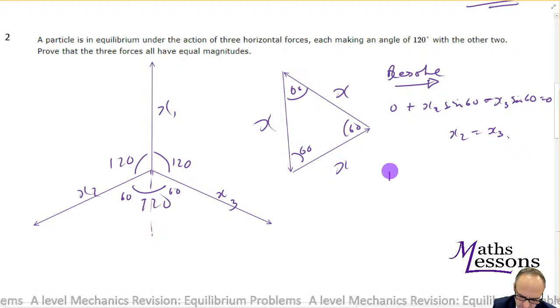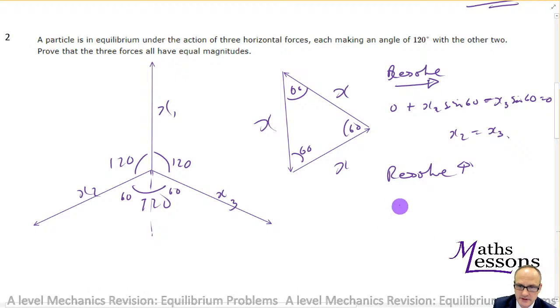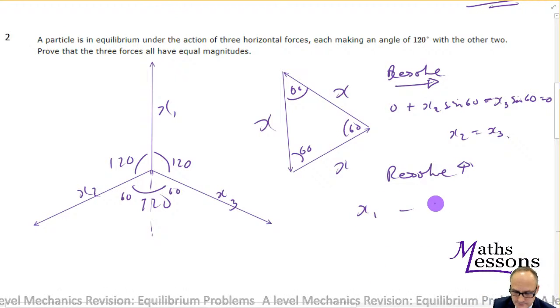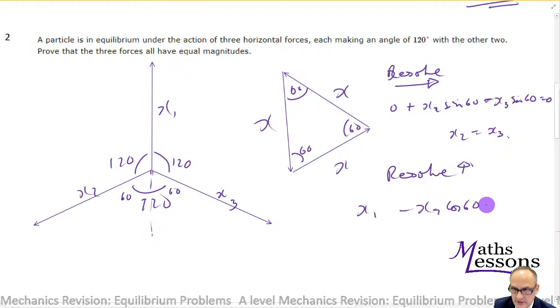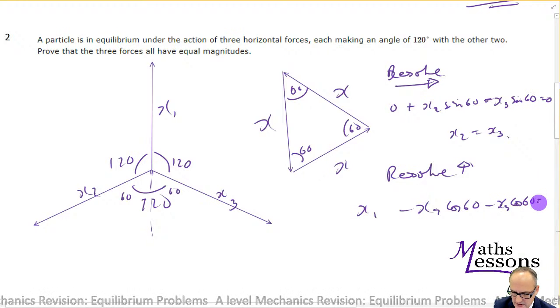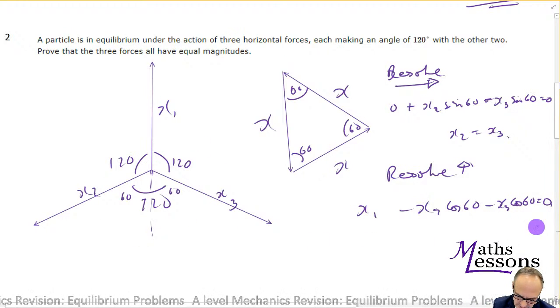And if we resolve vertically, what you can realize is you've got x1 minus x2 cos 60 minus x3 cos of 60 equals 0, because we're in equilibrium.